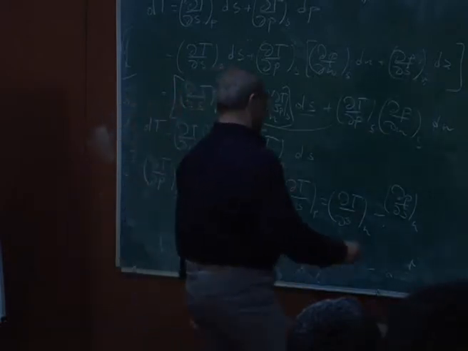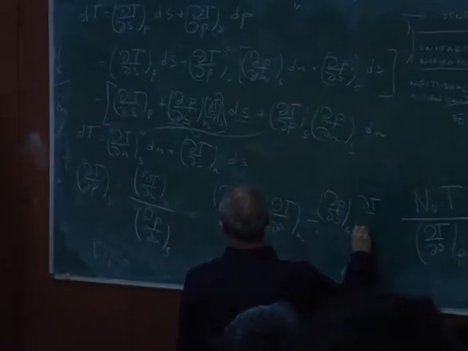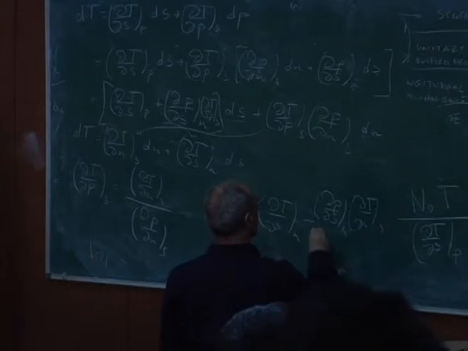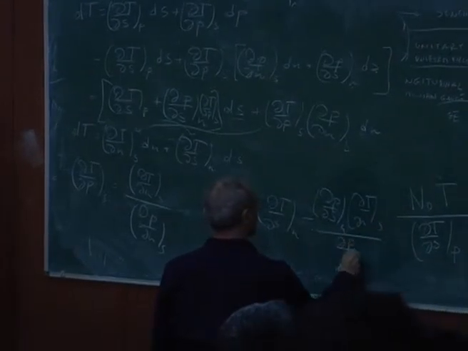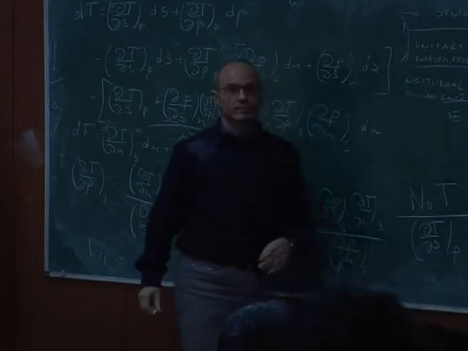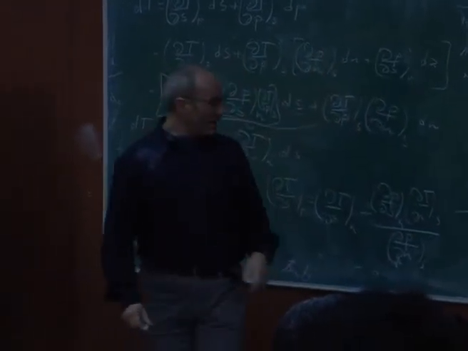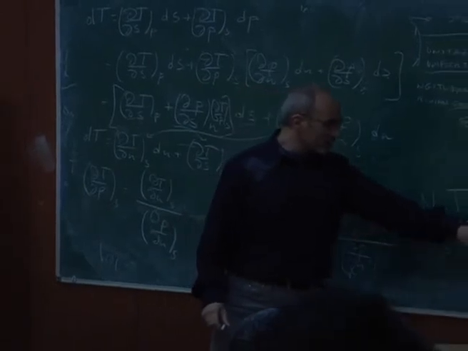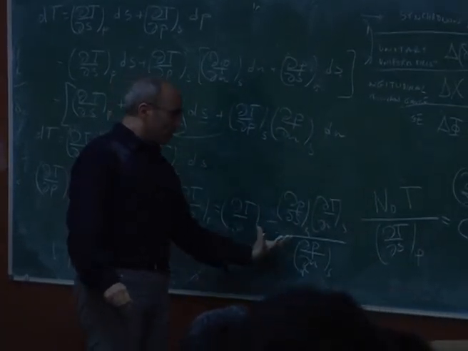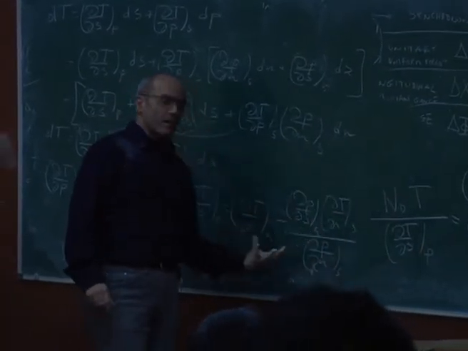So this will be dT over dn at constant S divided by dP over dn at constant S. OK? Then I know what is Cp in terms of n0T divided by this.